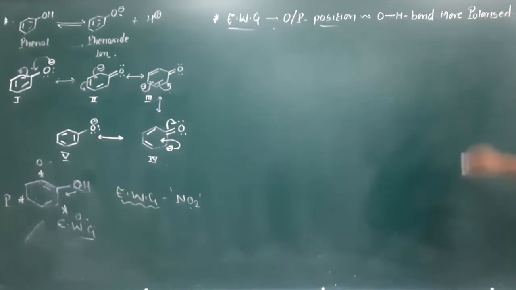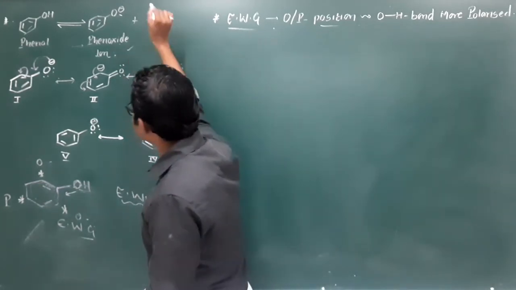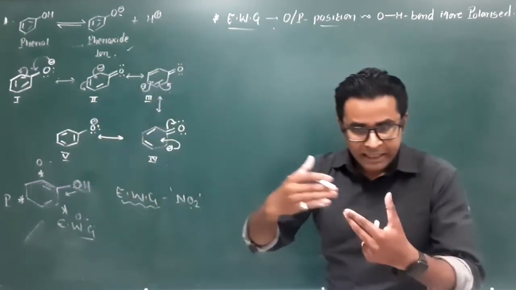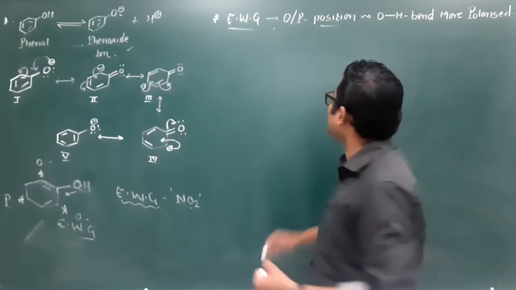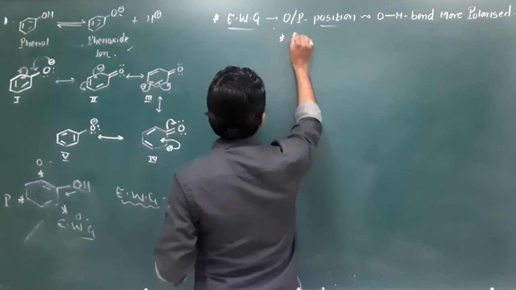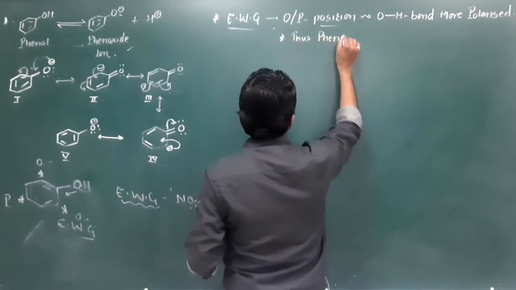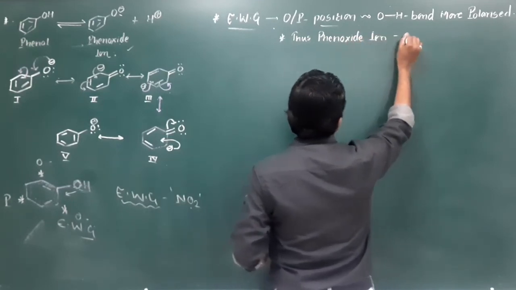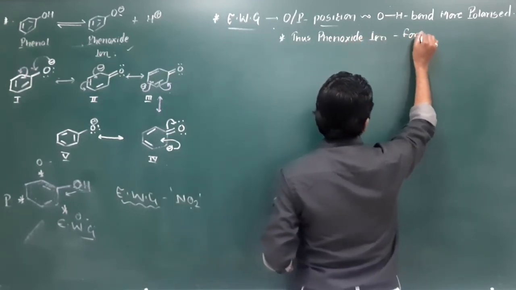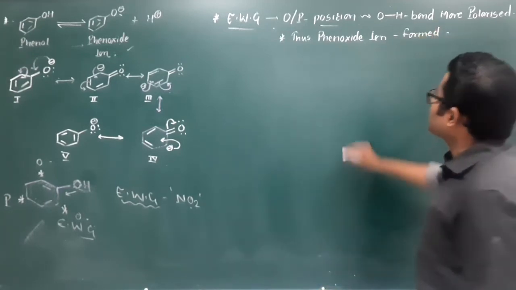The moment it becomes more polarized, it has more tendency to exist as a phenoxide ion. Easily the hydrogen goes out in the form of a proton. Thus, the phenoxide ion is readily formed, right?